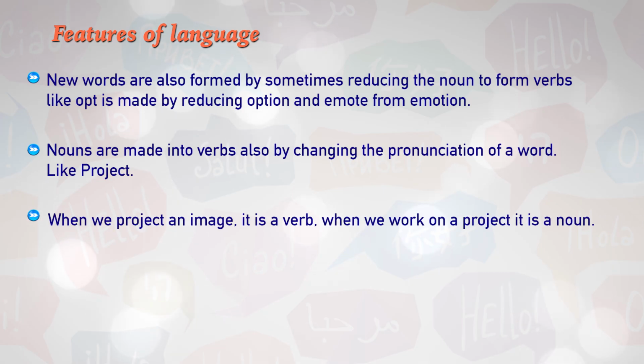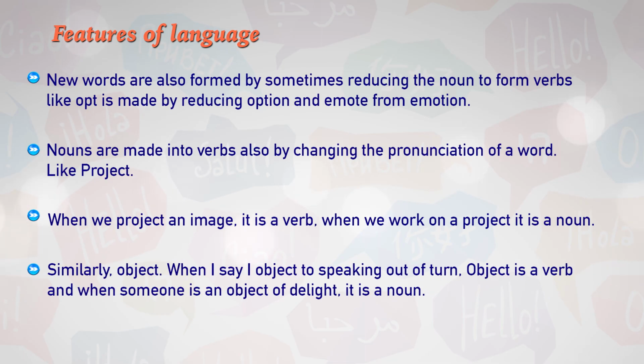When we say that we project an image, it is a verb. When we work on a project, it is a noun. Similarly, object. When I say I object to speaking out of turn, object is a verb indicating protesting. And when someone is an object of delight, something a pleasant sight, then it is a noun.